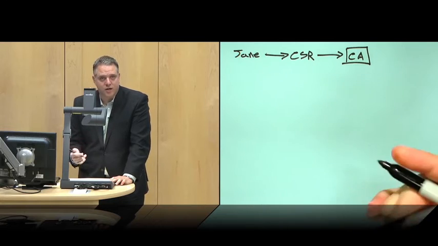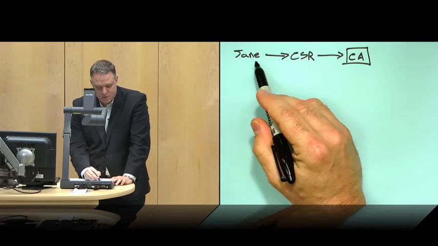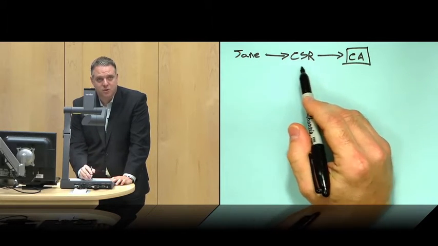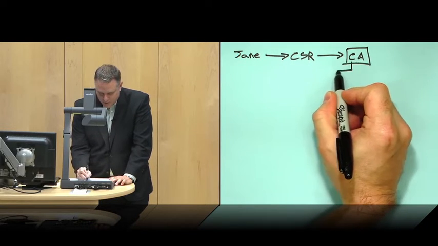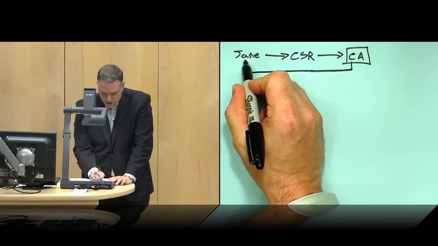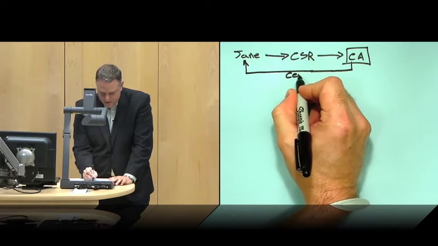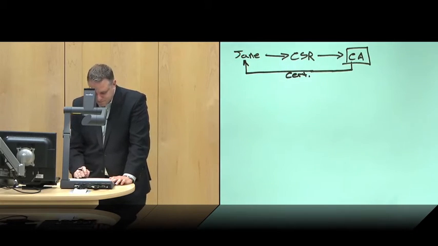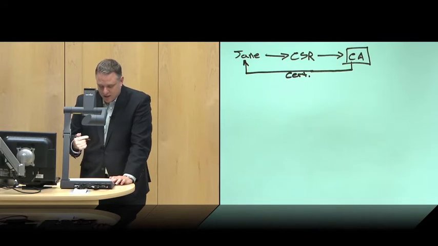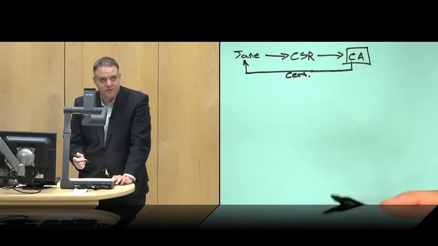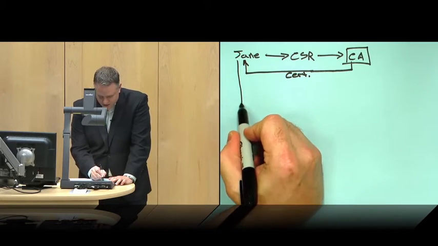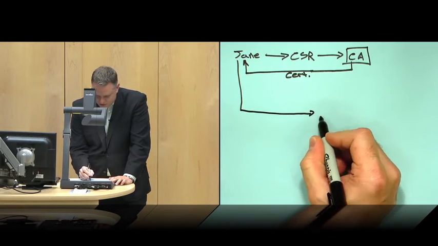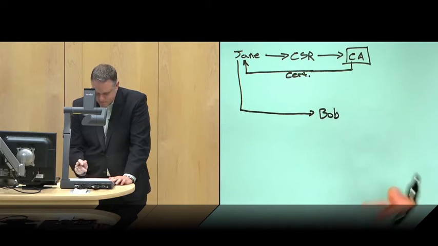The certificate authority will look at that CSR, maybe do a background check on Jane to make sure that the request is legitimate and that she really is who she says she is. And in return, they will give her a certificate.